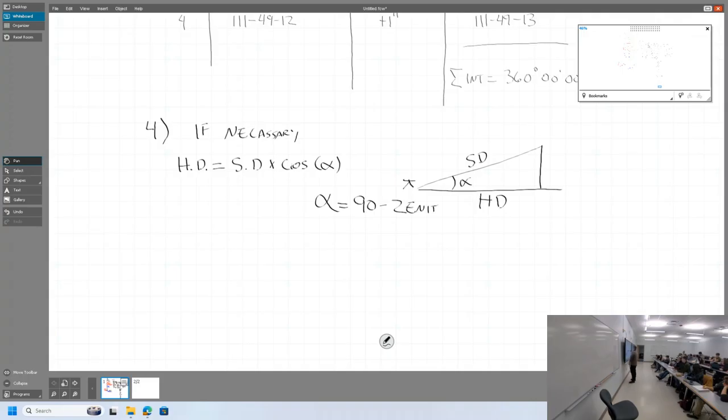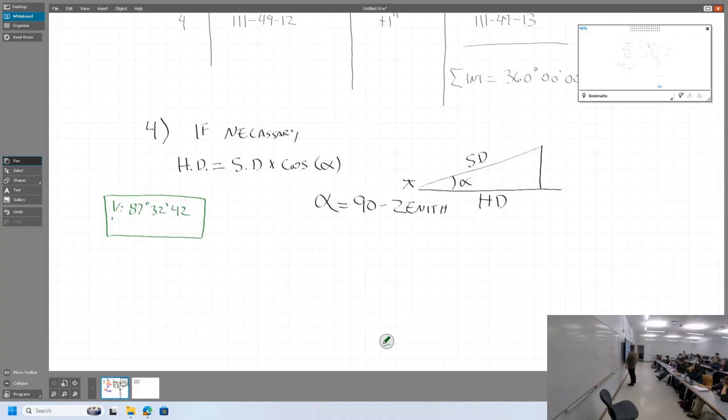So you think to yourself, well, how do I get that zenith? Well, that's already one of those measurements that is applied in the total station. When you're looking at the little faceplate on the total station, you'll see one that says V, and it'll give you some angle like 87, 32, 42.